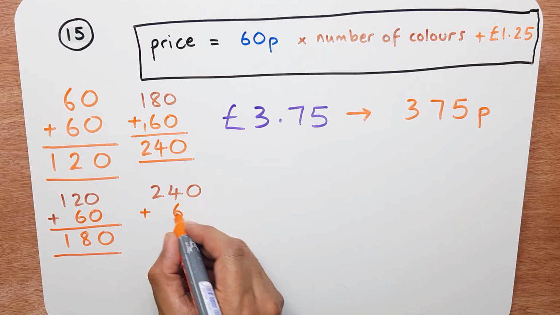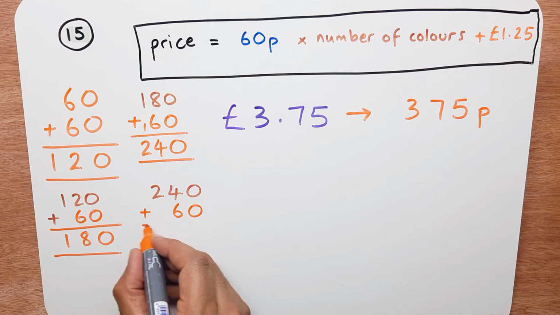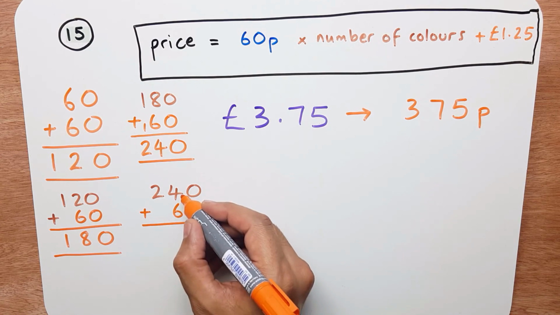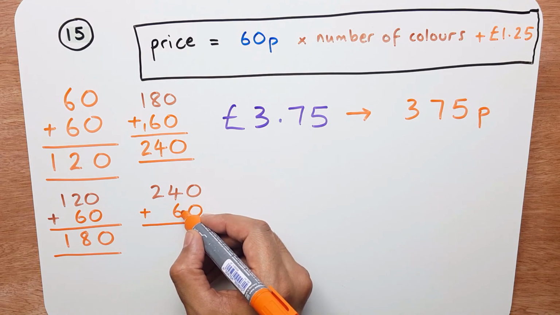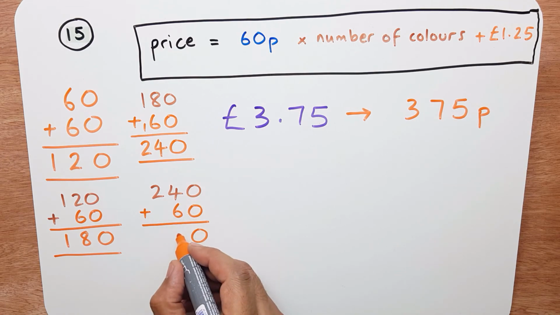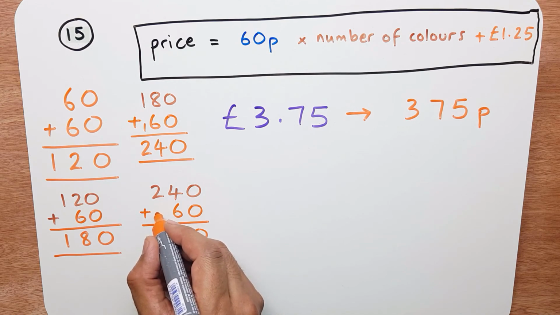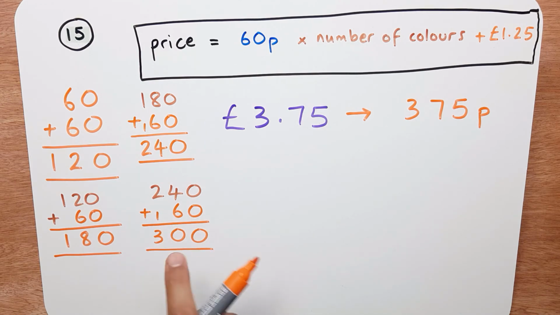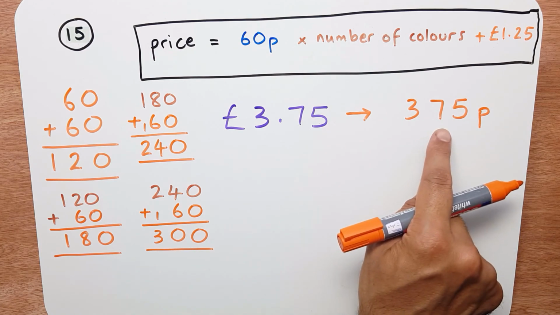Add 60. 0 add 0 is 0. 4 add 6 is 10. So we put the 0 down and we carry the 1 to the next column. 2 add 1 is 3. So we've got 300. We've still not reached our target.